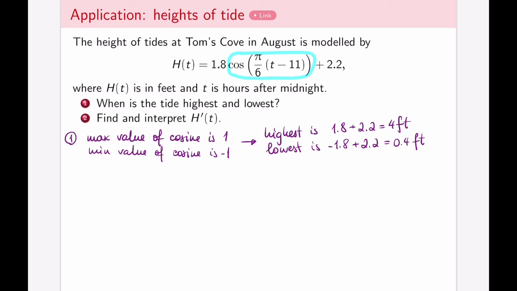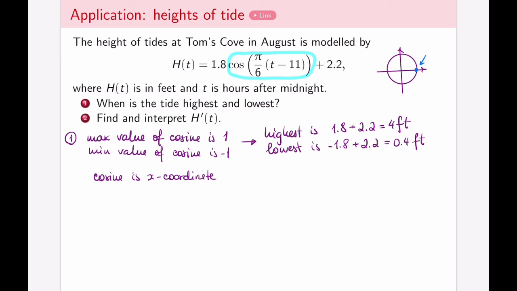Now let's think about when does that actually happen. What is the definition of cosine? Remember from the unit circle, cosine is the x-coordinate of the point on the unit circle. So if I drew a little unit circle on the side here we go, I can see that the highest that the cosine is, the highest x-coordinate, is this point right here.